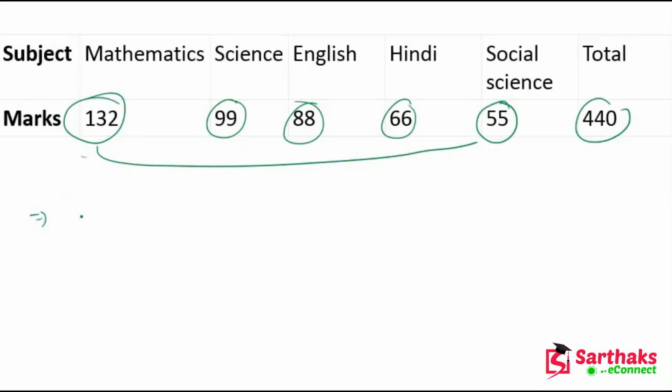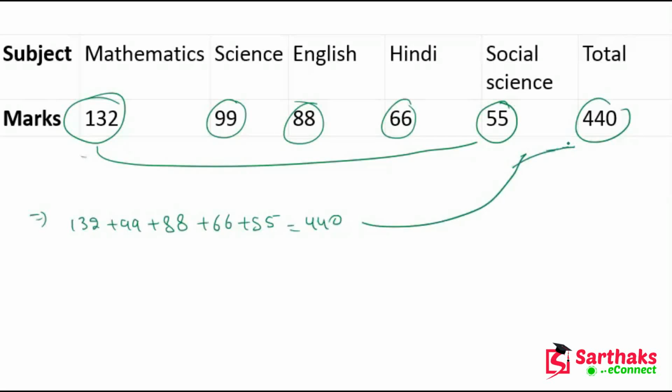Okay, so let's do that. 132 plus 99 plus 88 plus 66 plus 55. Understand? After solving this, if you add this, here we get 440. So this is equal to the total marks. Understand, my dear friends? This is the method for problems related to the pie chart.